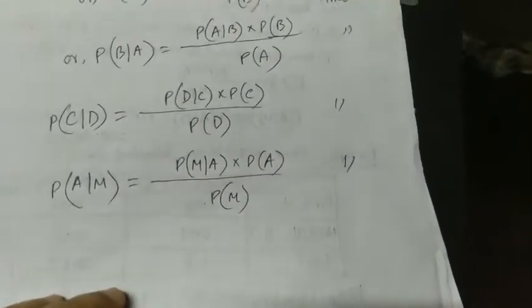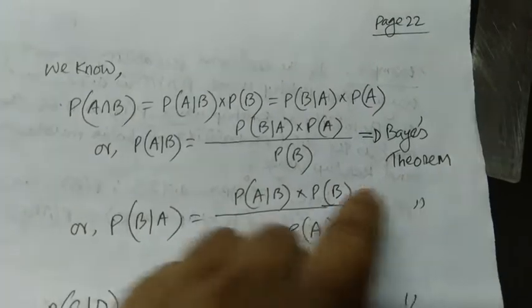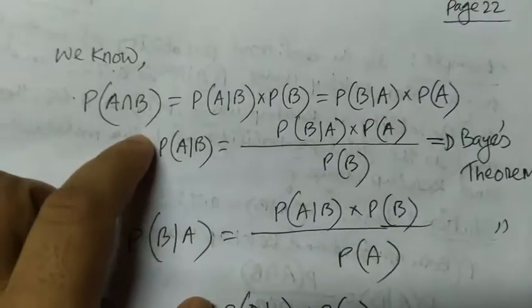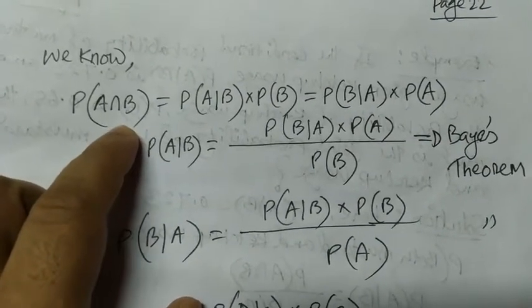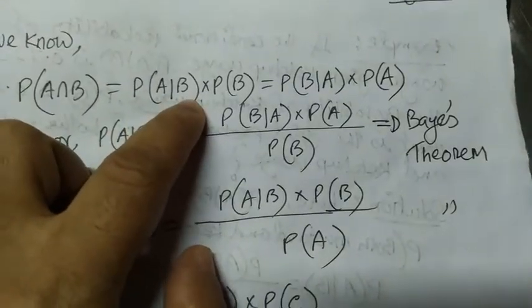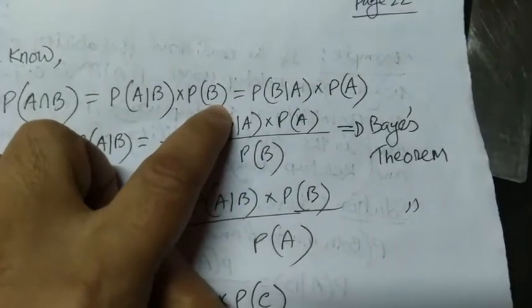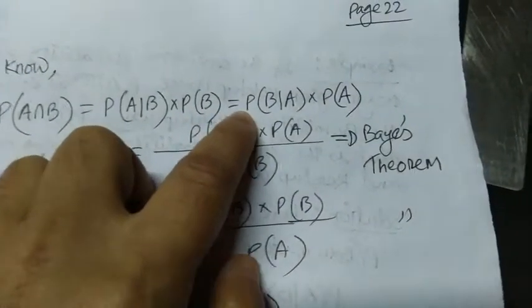So now we will study Bayes theorem. So we know that probability of A intersection B is equal to probability of A given B multiplied by the given part, that is probability of B. Again this one can be written in reverse way.